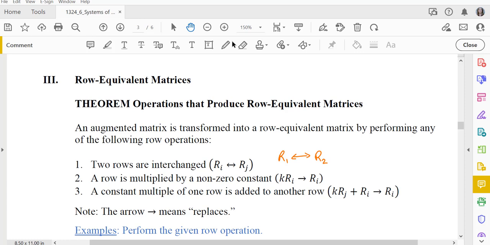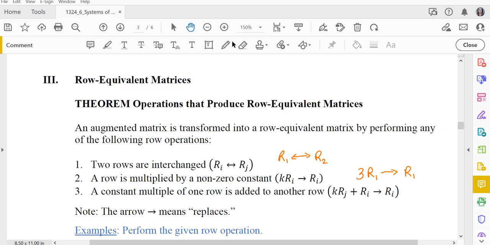So if I wanted to multiply row 1 by the number 3 and then make that into my new row 1, I can do that. And just a side note, that's because of the multiplication property of equality. But you can multiply a row by a non-zero constant.